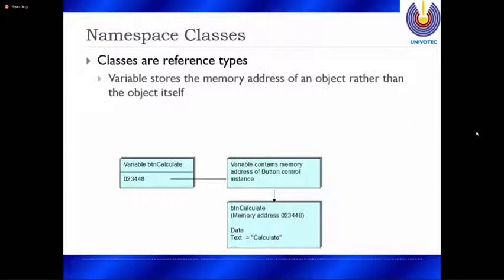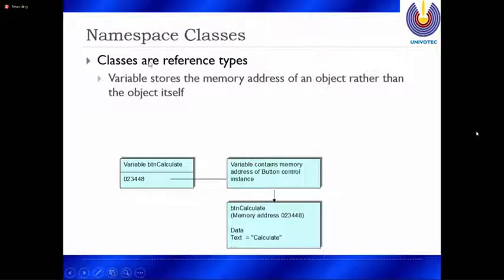These are the properties of that button, its attributes. You can make many attributes, but it has the memory with the address location also.